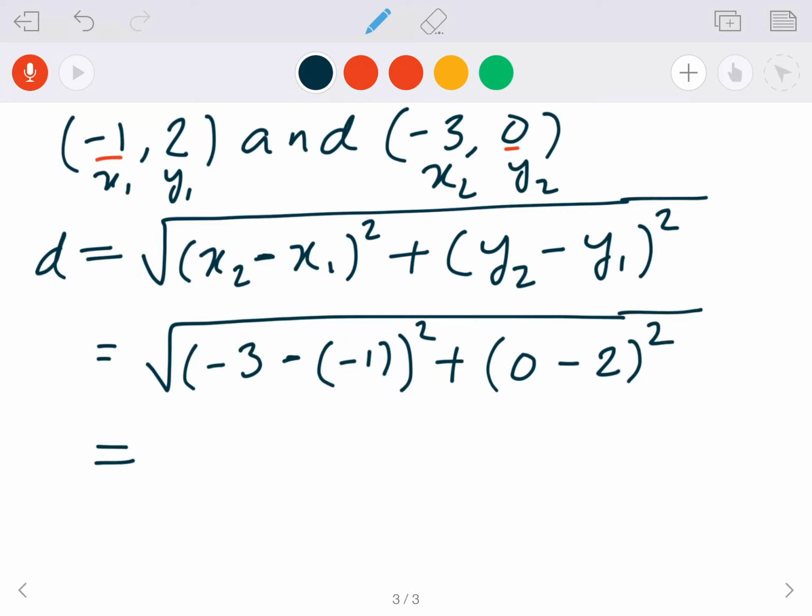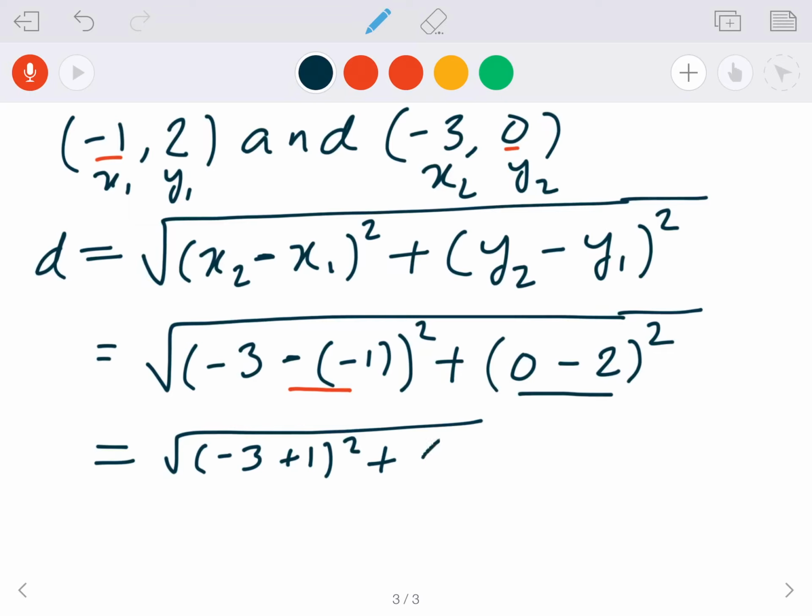Now, this minus and this minus must be a plus, so negative 3 plus 1 squared plus 0 minus 2 squared.